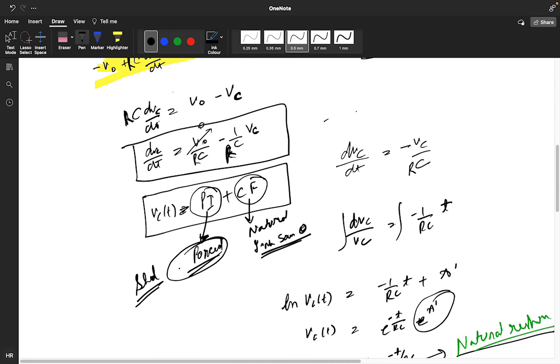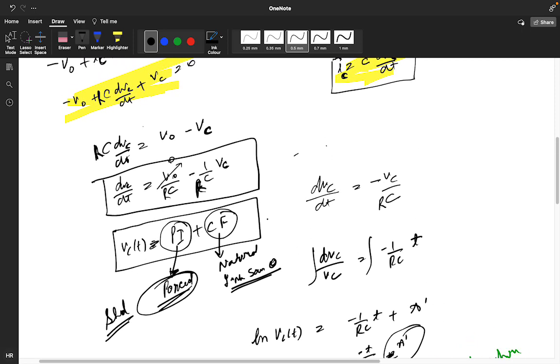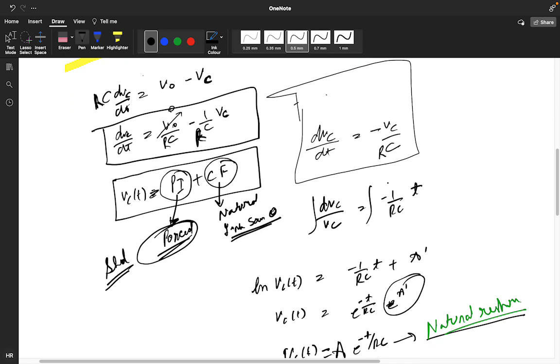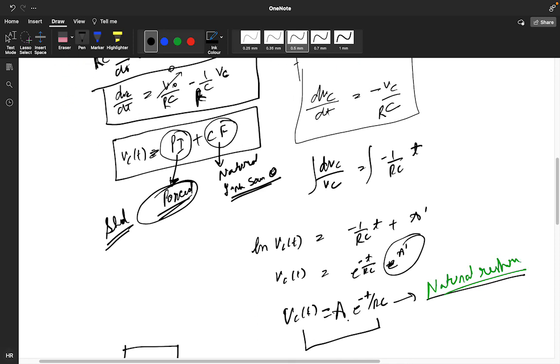To find the complementary function, the natural response, I made V0, my input parameter, equal to 0. So I get dVc by dt minus Vc by RC. After solving this, I get the equation. So we found the complementary function for the natural response.